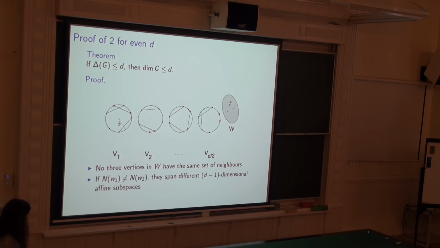But this also cannot happen, because if the sets of neighbors are different, then they differ in at least one of these parts, say in this. So then they intersect this plane in different points. And then the corresponding 2 points are also different.